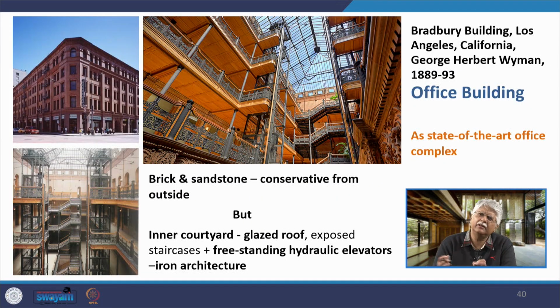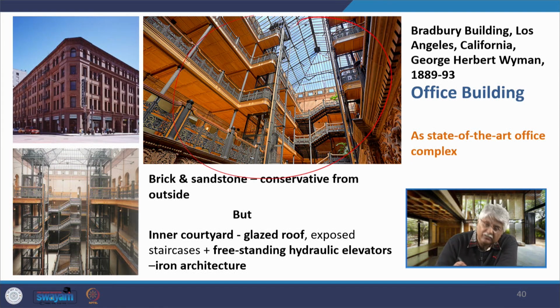This is just an intervening slide to show you how steel started impacting buildings overall. This is the Bradbury building in Los Angeles, which is not a tall building at all, it is only a few storeys high. Though it has brick and sandstone conservative form on the outside, on the inside it was radical.